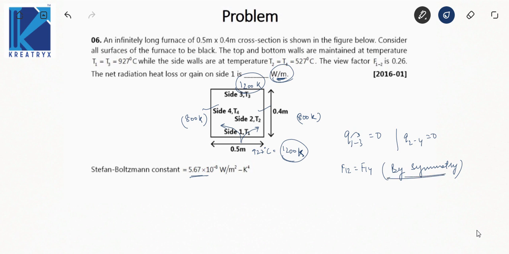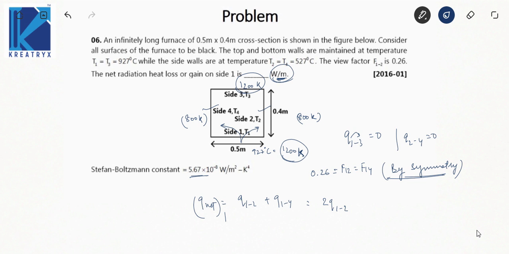So F12 is equal to F14, which is 0.26. Okay, what I get is Q net now will be Q12 plus Q14 for surface 1, because Q13 will be 0 because they are at same temperature. And also I can say that Q14 and Q12 will be equal. So by symmetry, this will be equal to twice of Q12.